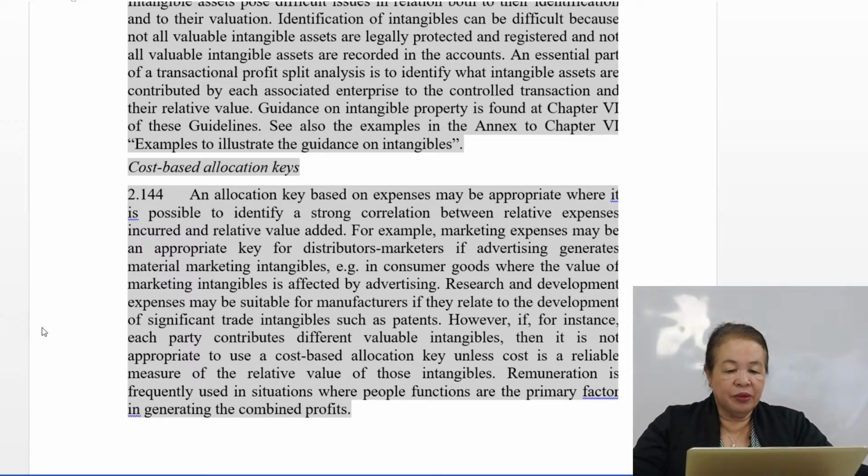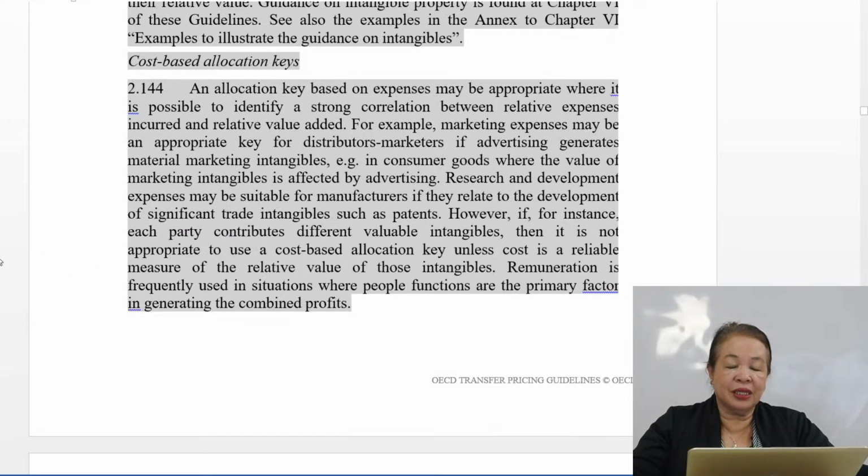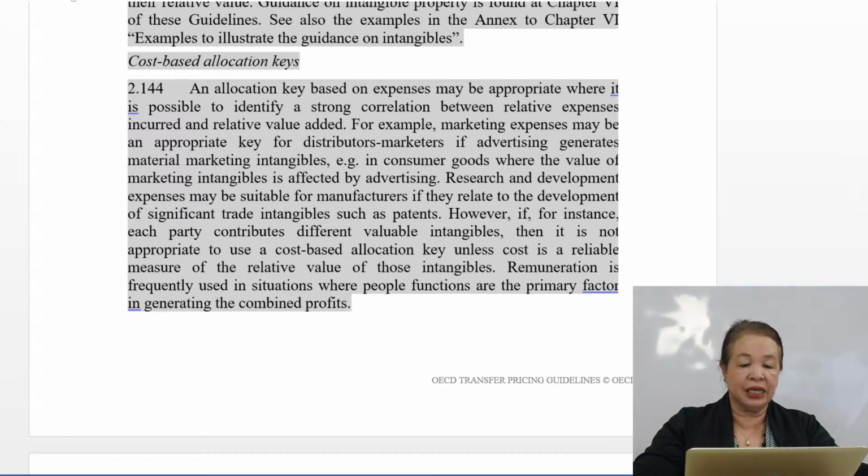For example, marketing expenses may be an appropriate key for distributors, marketers, if advertising generates material marketing intangibles. No? In consumer goods, where the value of marketing intangibles is affected by advertising.